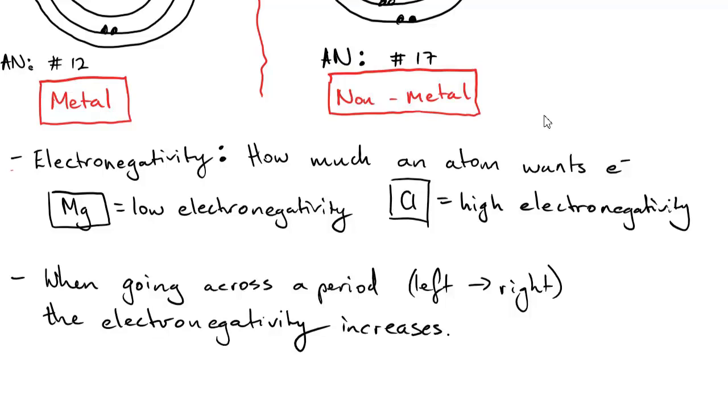Metals have low electronegativity, they want to release electrons. Non-metals have high electronegativity, they want to gain electrons.